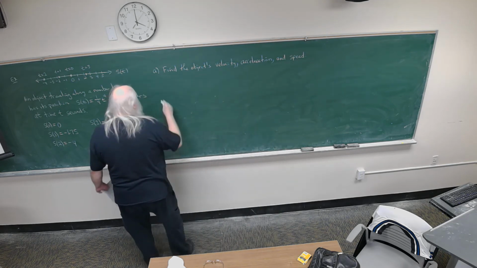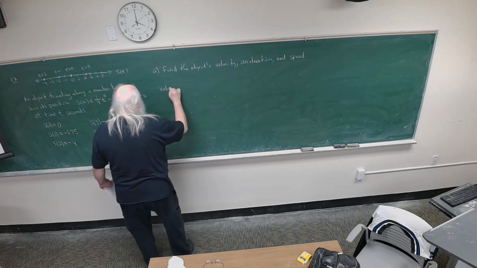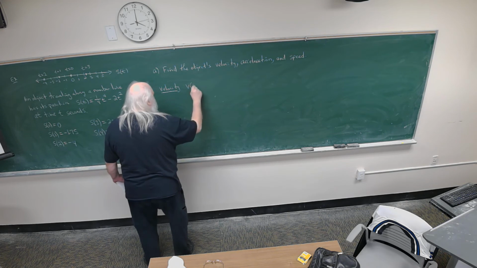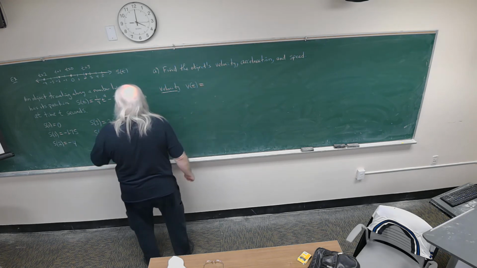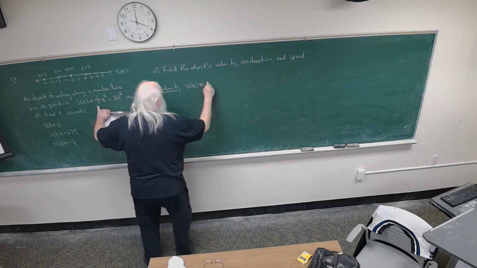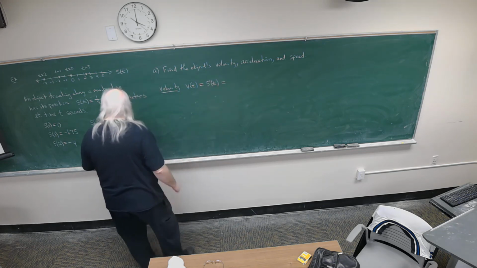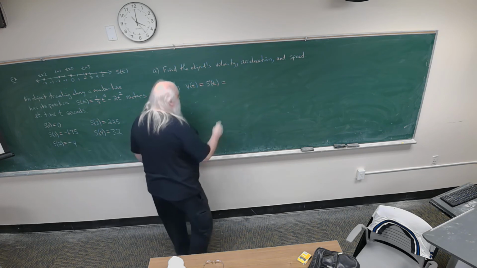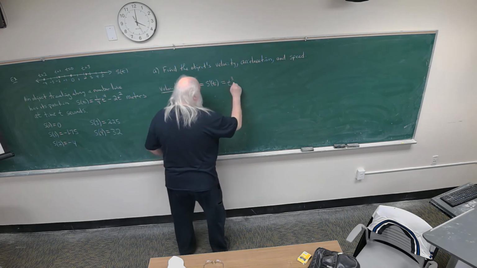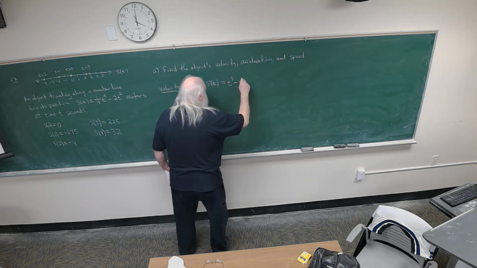Well, we've done this already. Velocity is the derivative of the position function, s of t, which in this case is equal to t cubed minus 4t.